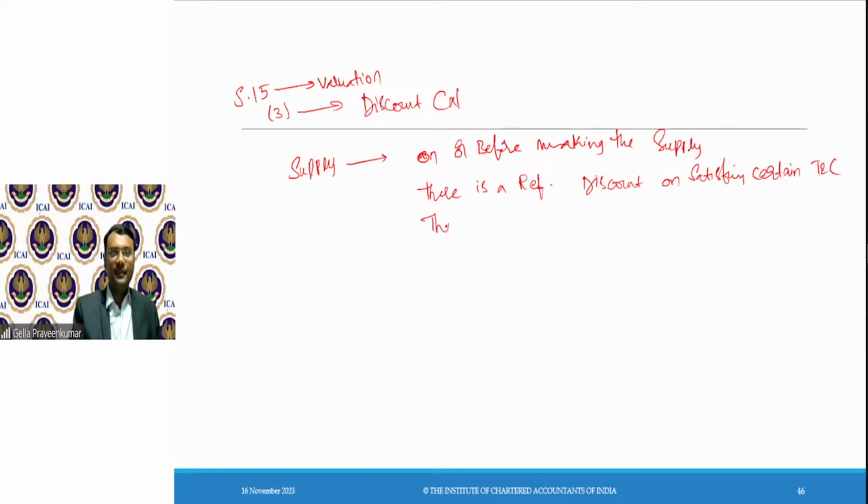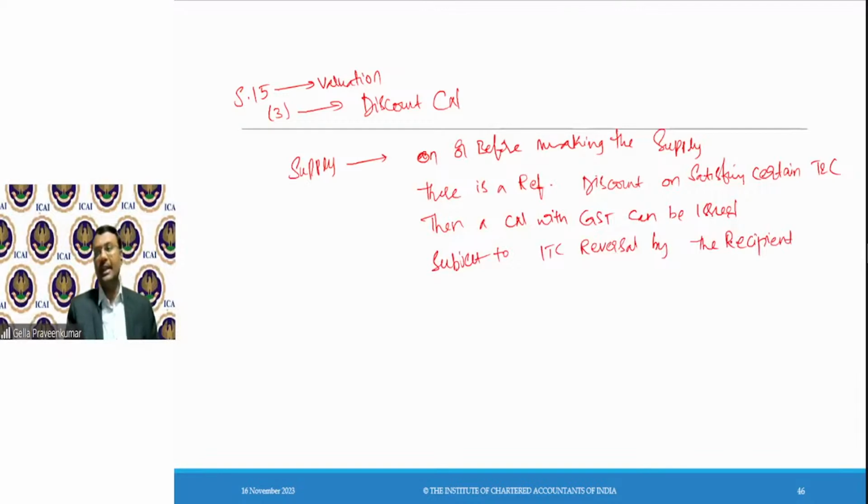Then a credit note with GST can be issued, subject to ITC reversal by the recipient. This is what we have studied in section 15.